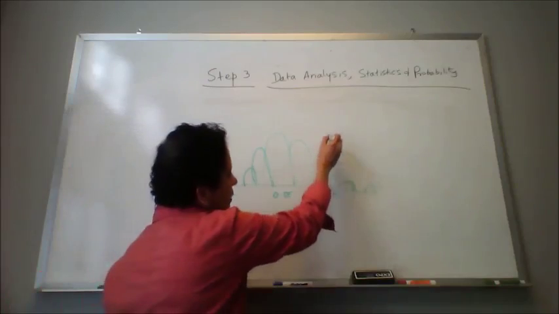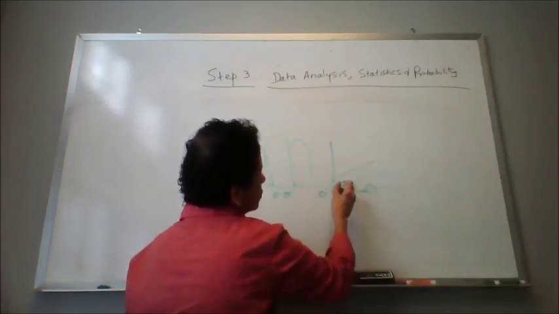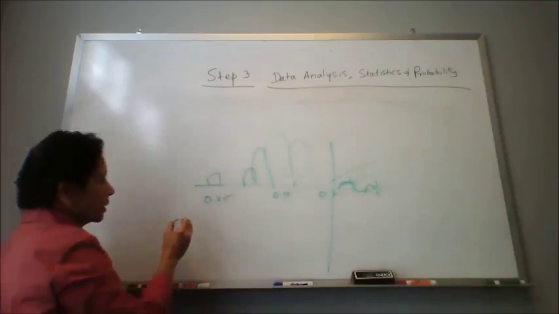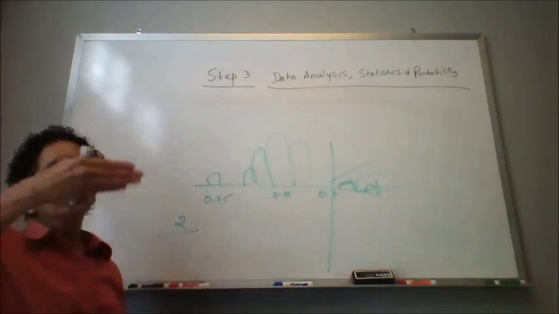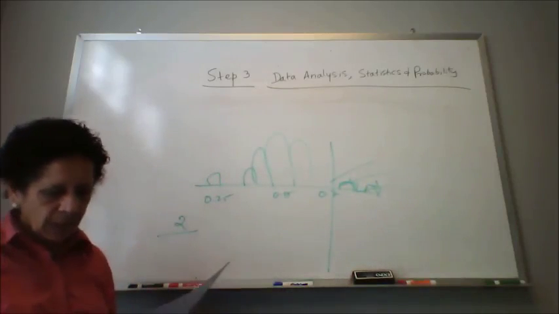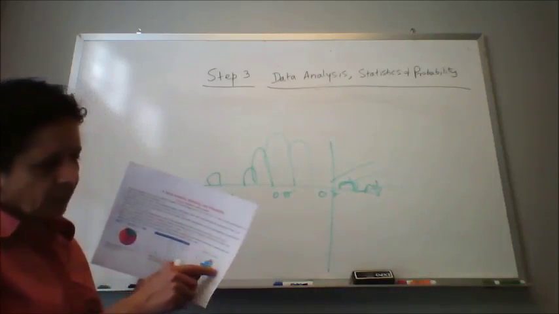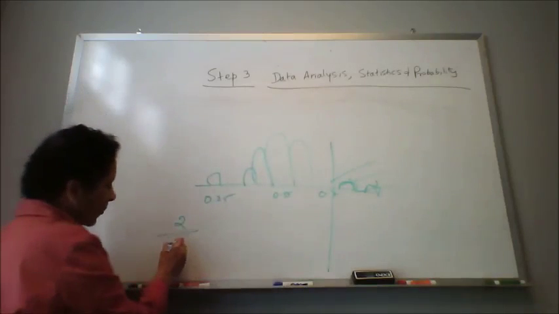More than means you got 0.7, so more than means on the right hand side. So there is one person here, 1. So there are 2 people whose reaction time is more than 0.7. And before we did that, if you count the number of teenagers in this chart, it was 35 people.